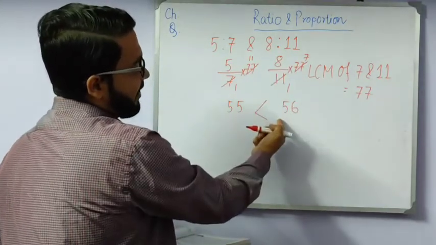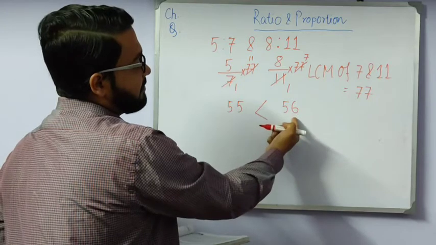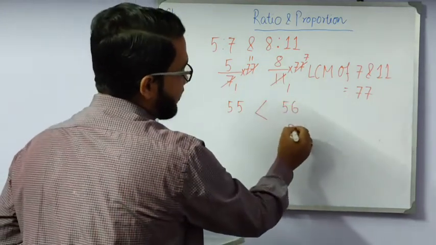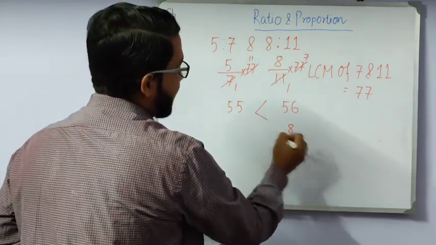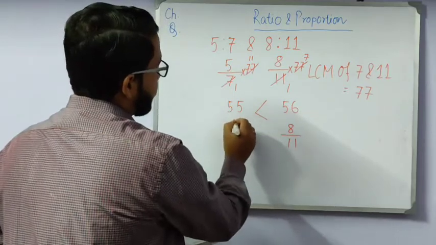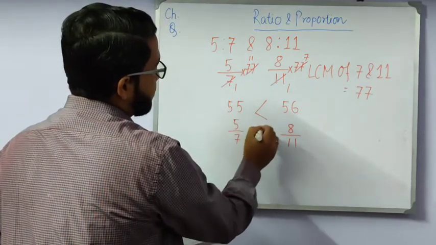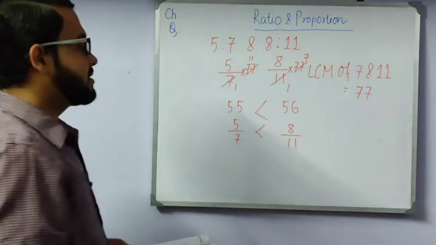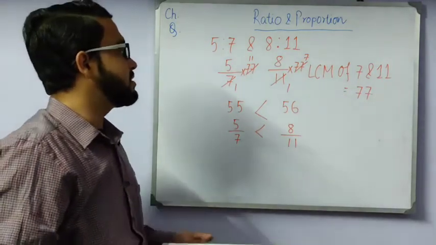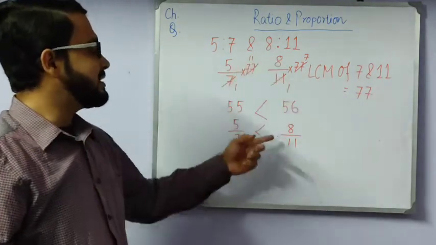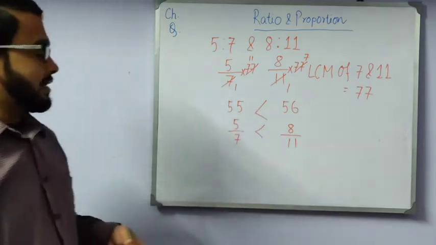From here we find 56, so 56 relates to 8:11. So from the next line we can write this. So comparison is done. So which ratio is greater? 8:11. This ratio is greater.